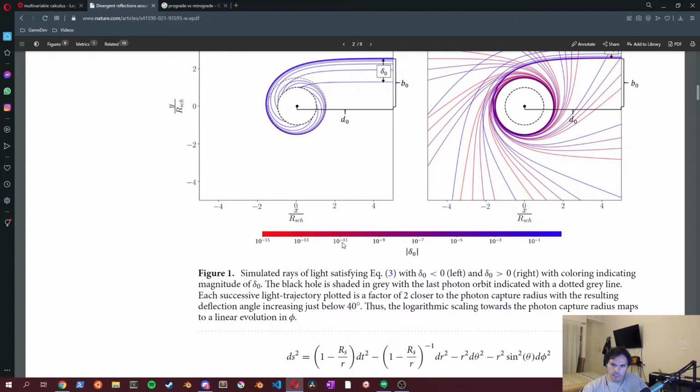The black hole is shaded in gray with the last photon orbit indicated by the dotted gray line. That's this line. Each successive light trajectory plotted is a factor of 2 closer to the photon capture radius, with the resulting deflection angle increasing just below 40 degrees.